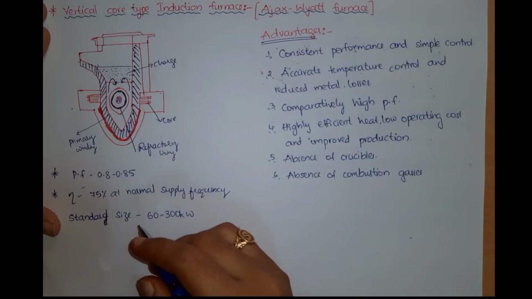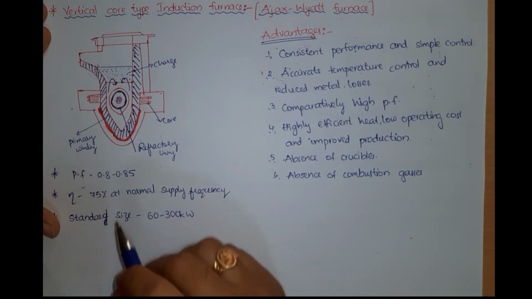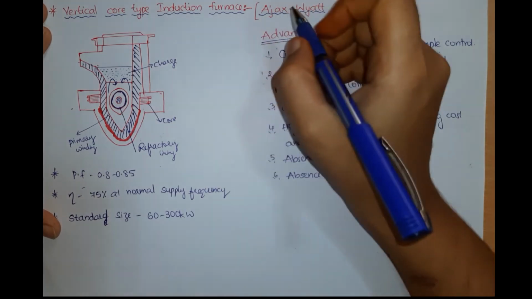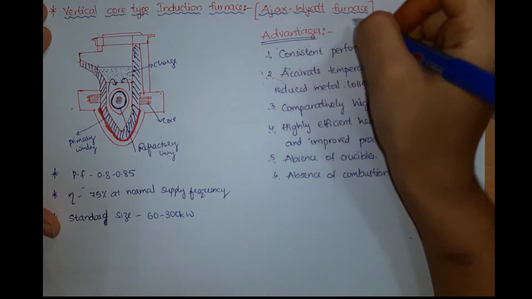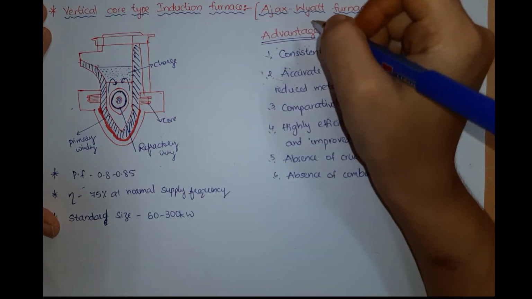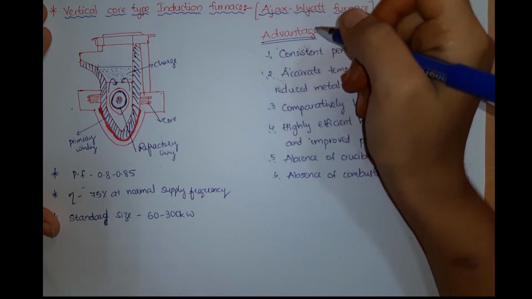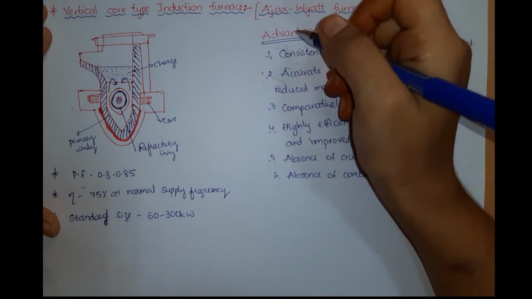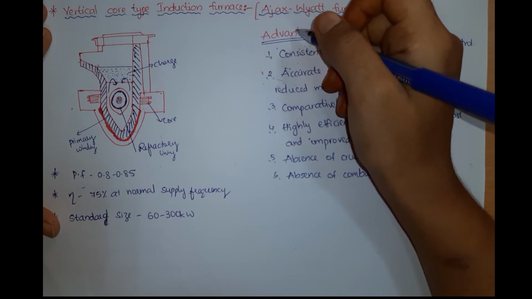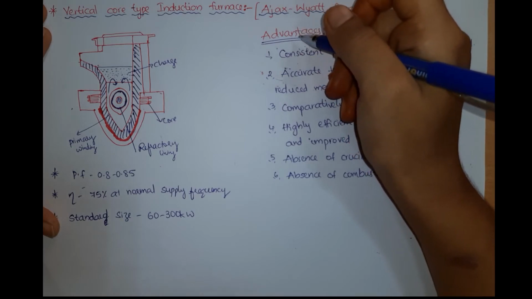So next, the vertical core type induction furnace. This vertical core type induction furnace is also called the Ajax-Watt furnace. Due to the different drawbacks of the direct core type induction furnace, they are impractical and not used nowadays.